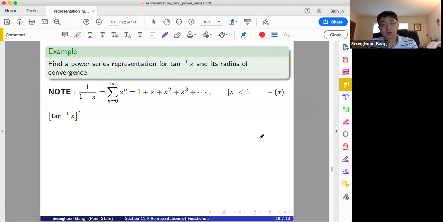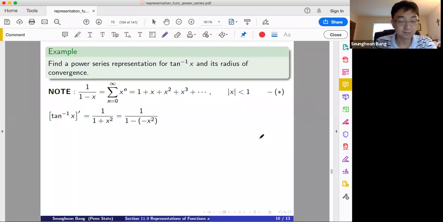So we have this one. The next tip: you can change this one to the 1 over 1 minus x squared form. You can plug minus x squared into here. So we have the summation n equal 0 to infinity of negative x squared to the power n.